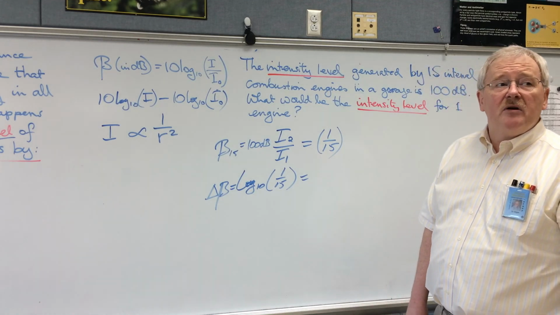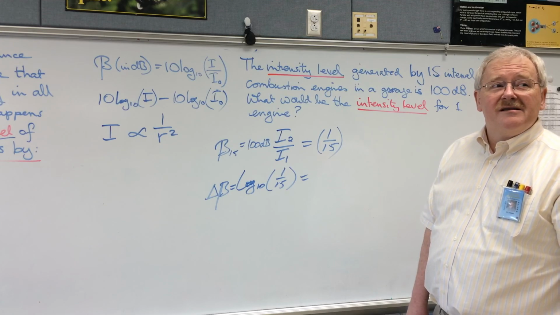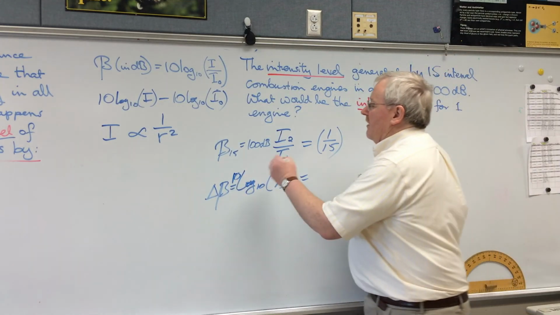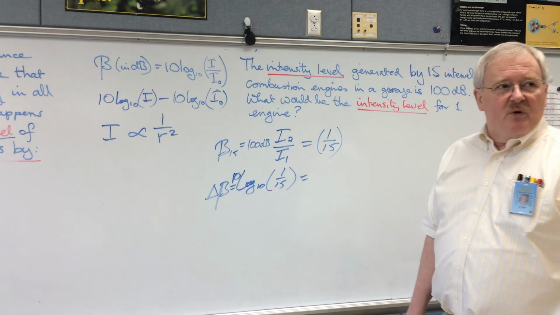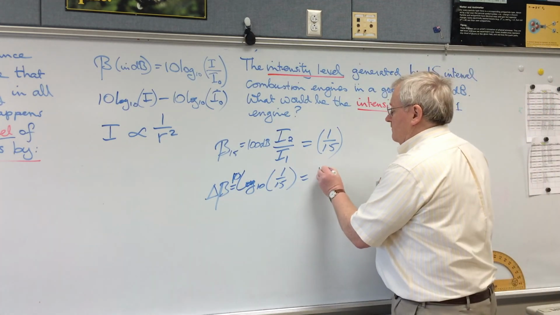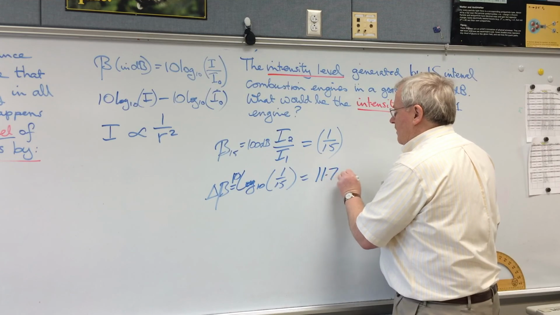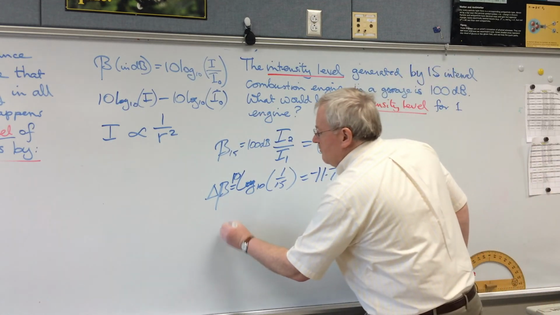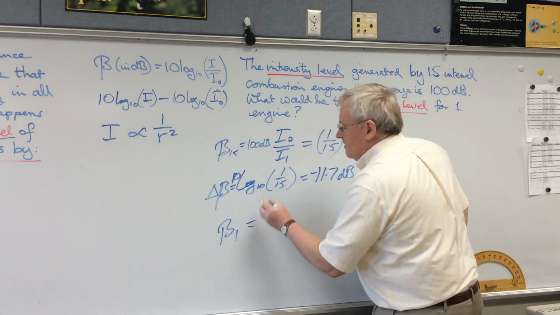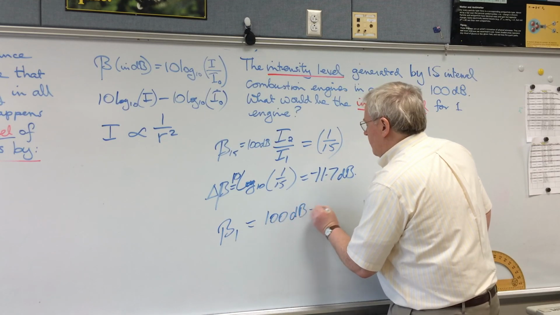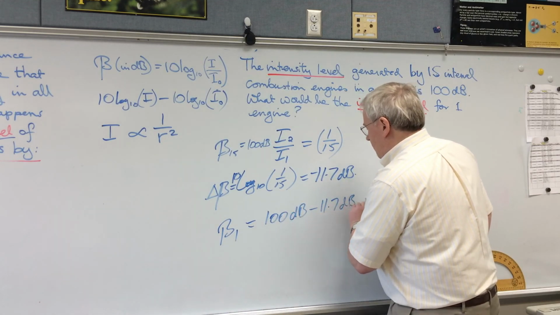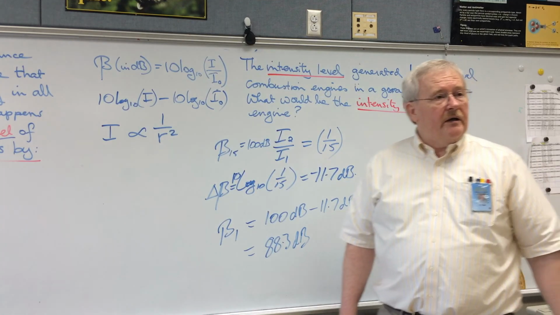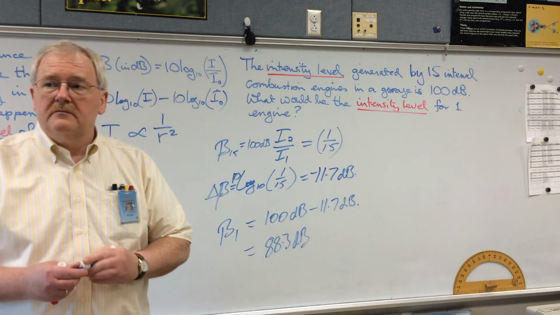I'm sorry, I forgot the 10. So it's 11.7. Okay, so delta dB is a negative 11.7. I take that away from 100, so my sound level for one engine is going to be 100 dB minus 11.7 dB equals 88.3 dB. Okay? Any questions?